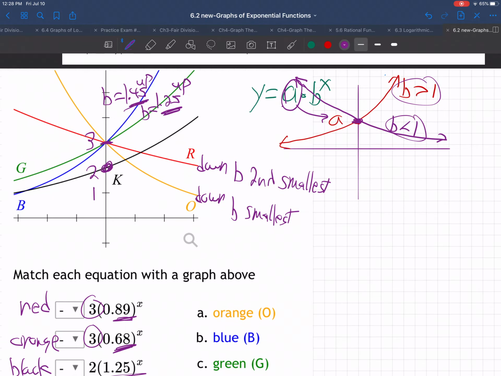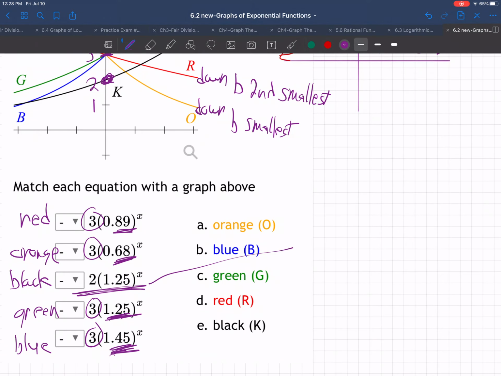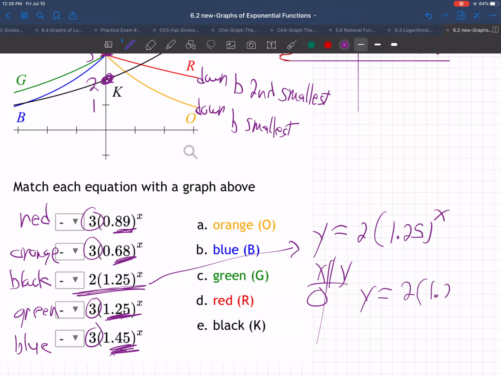Now why does that happen? I don't like to give you rules without reasons. First off, why does this function cross at 2? If you took the equation 2 times 1.25 to the x, made an xy chart, and plugged in 0 for x, what is anything to the 0 power?